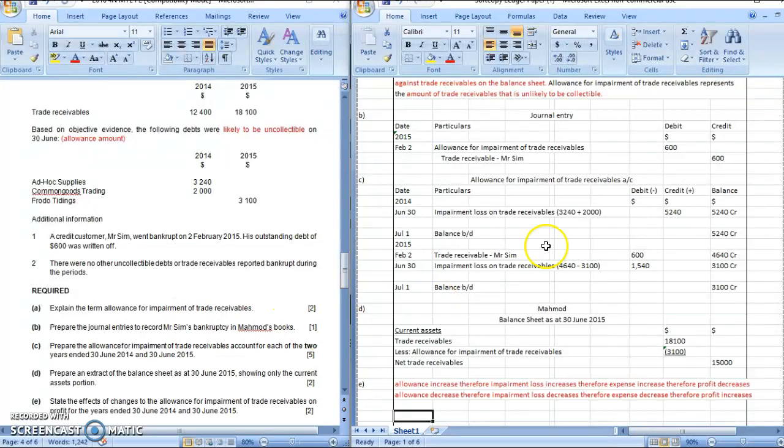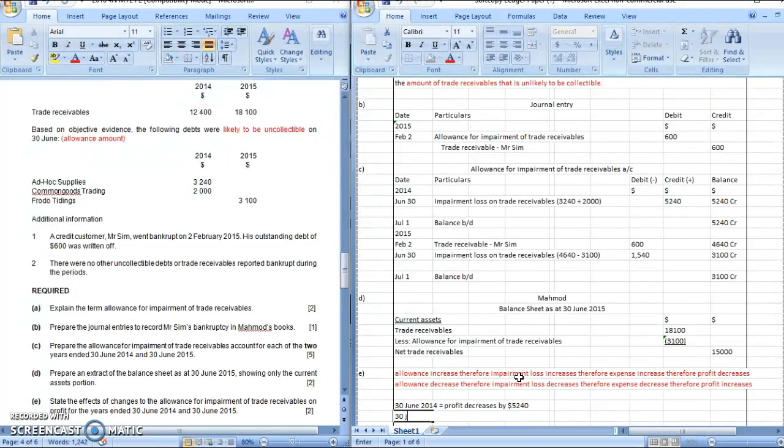So in 2014, our allowance account increases, therefore, in 2014, our profit decreases, we must state the amount by 5,240.